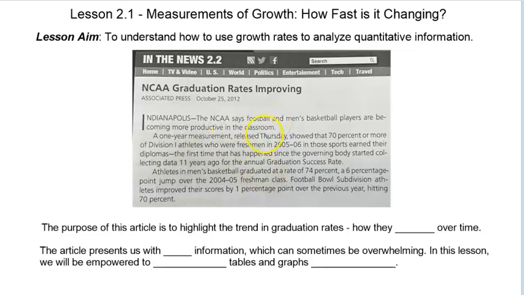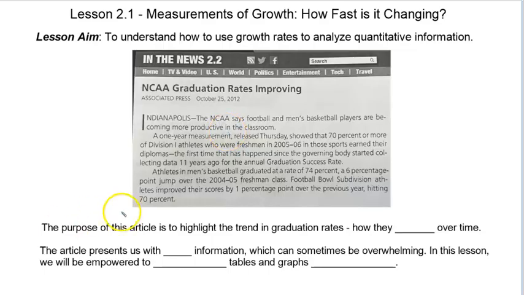And we could take the time to read this, but according to the NCAA, this is published several years ago, football and men's basketball players are becoming more productive in the classroom. And they give us some information to back that statement up. So they're doing better, which is obviously a good thing.